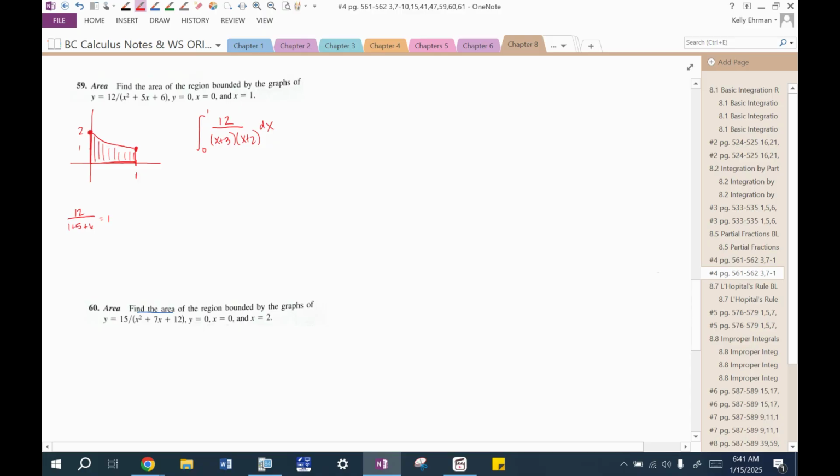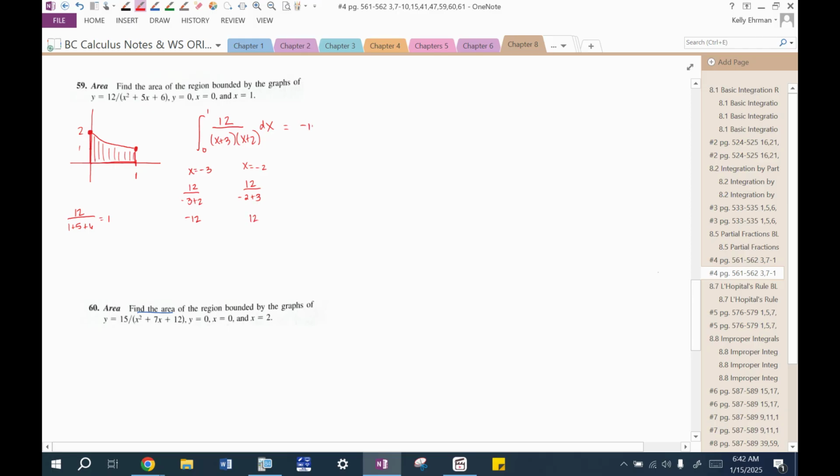And I can split this into partial fraction decomposition. So if I let x equal negative 3 and I cover up x plus 3, I'm going to get 12 over negative 3 plus 2. So that's negative 12. And then if I plug in negative 2, I'm going to get 12 over, cover up the x plus 2, so 12 over negative 2 plus 3. 12 over 1 is 12.